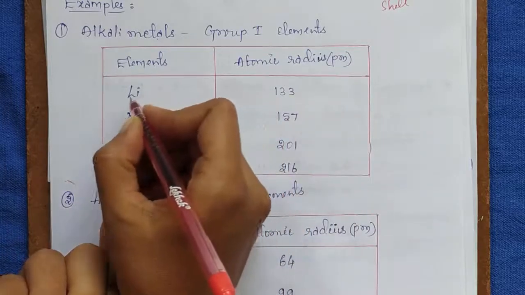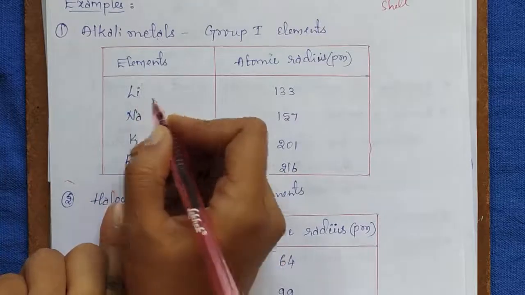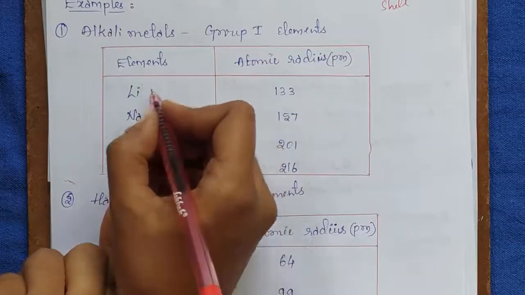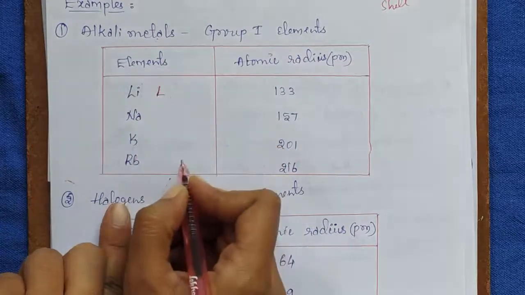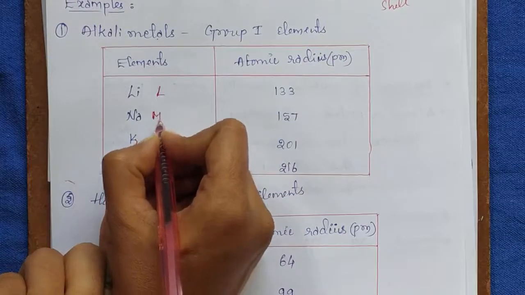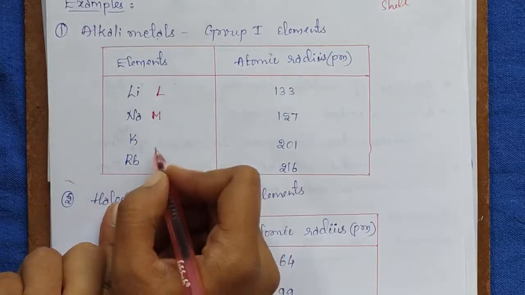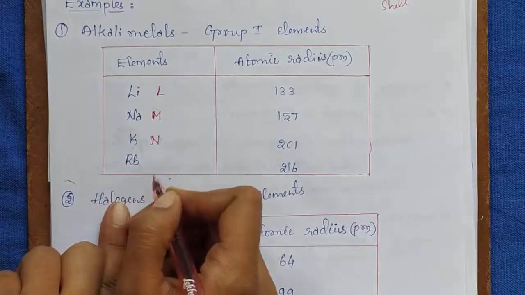See here, this is lithium, sodium, potassium, rubidium. In lithium, the last electron is added in the L shell. In sodium, the last electron is placed in the M shell. In potassium, the last electron is placed in the N shell.